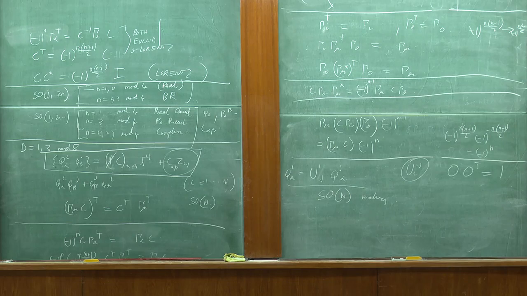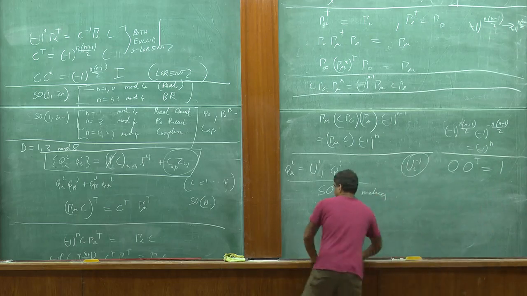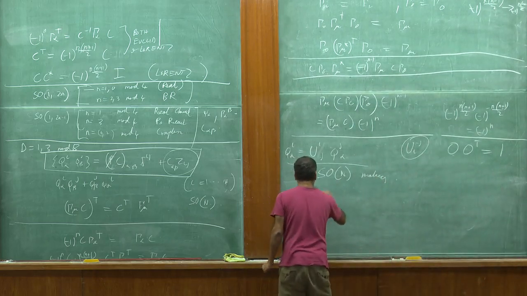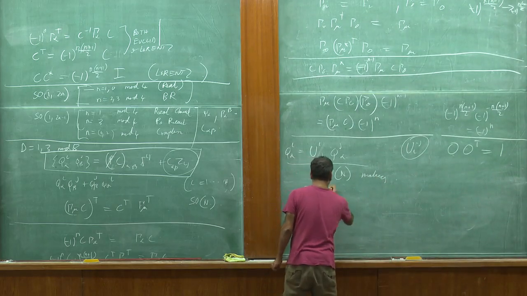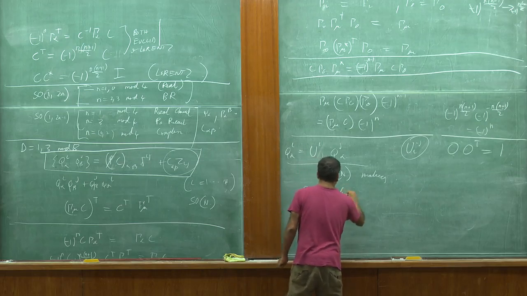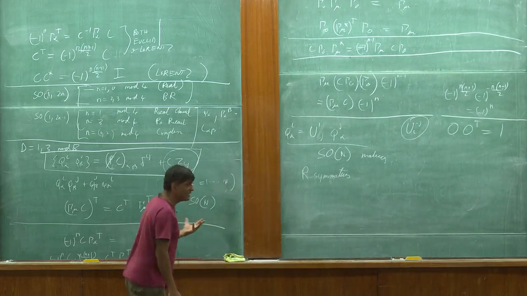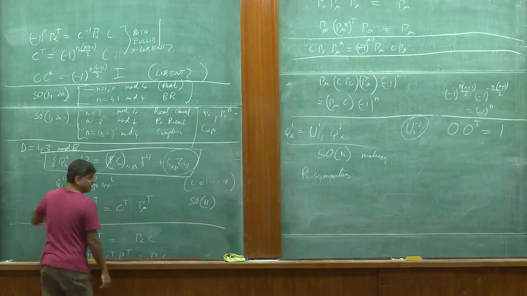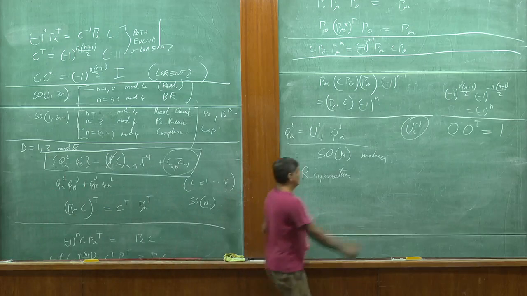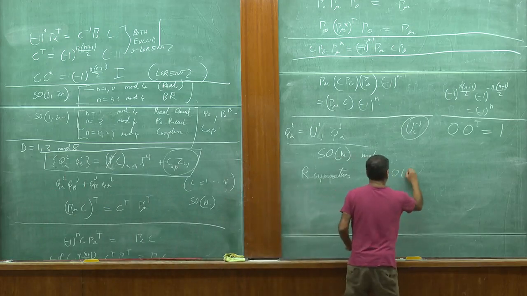Now, this set of automorphisms has a name. They're called R symmetries. Okay? So what we've discovered is that the R symmetries of this algebra are SON.